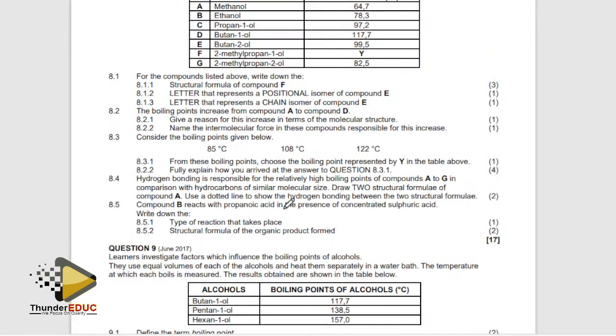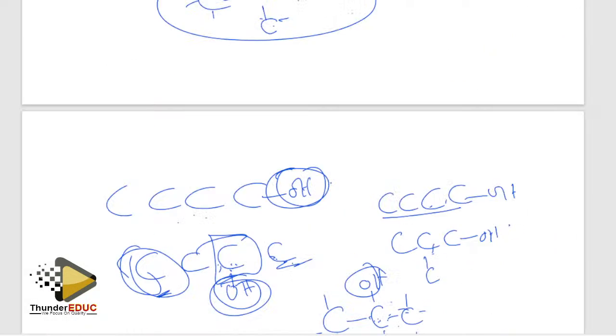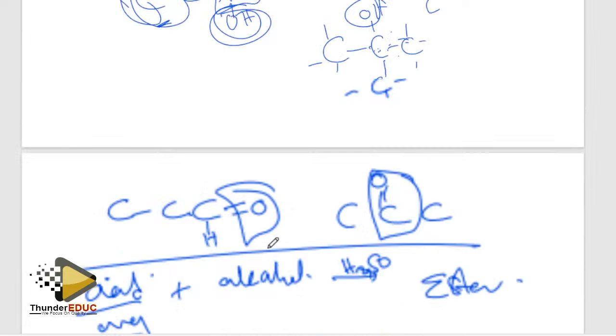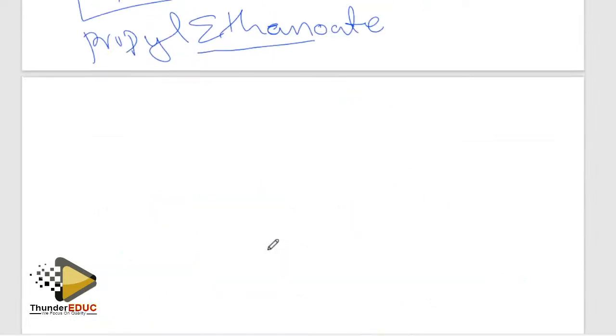Guys, when it comes to properties, these marks you must get them. Properties is easy. You need to know straight chain versus branched chain.